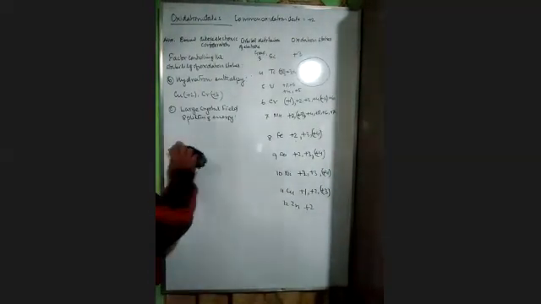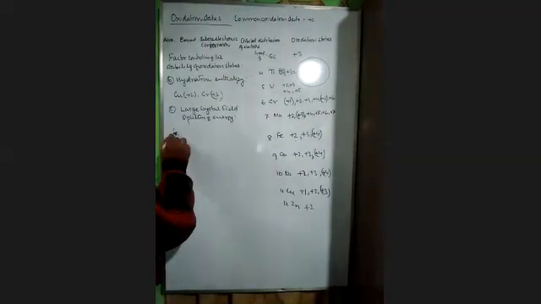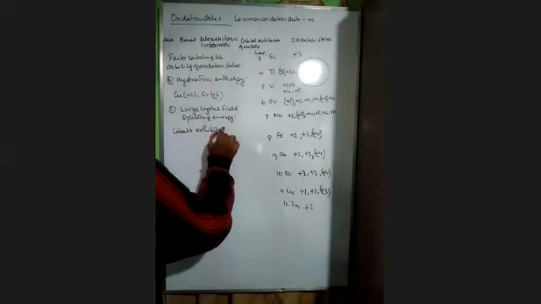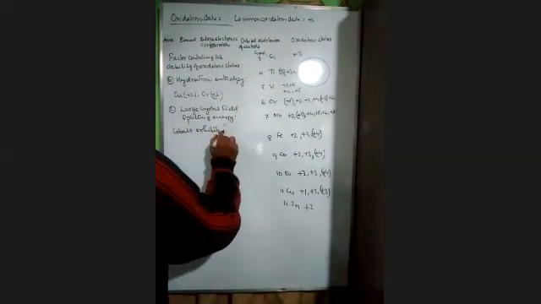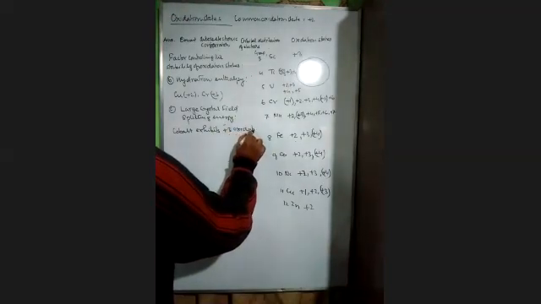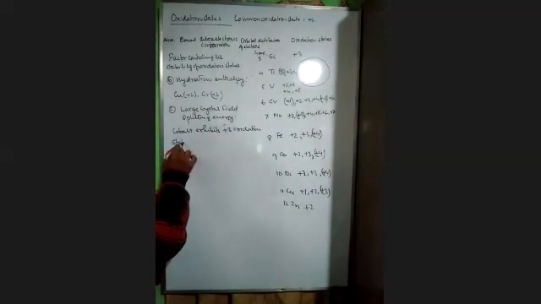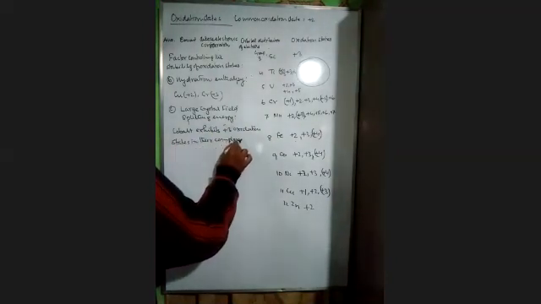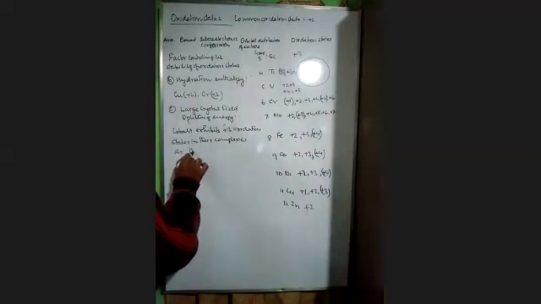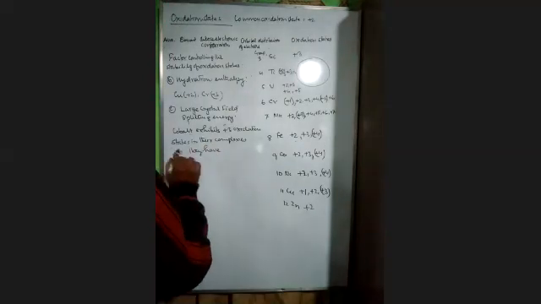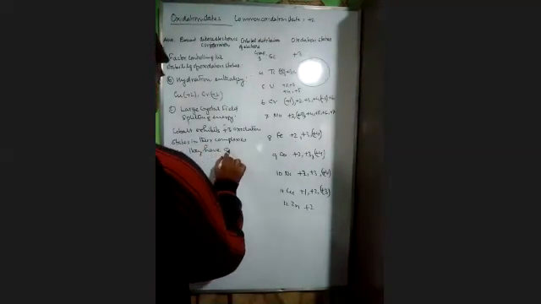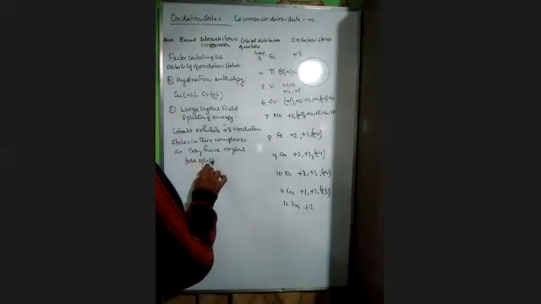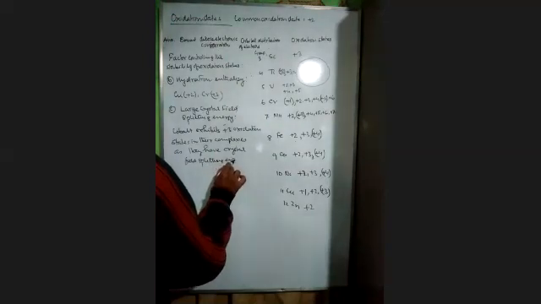So I'll write down here: cobalt exhibits +3 oxidation states in their complexes as they have higher crystal field splitting energy.